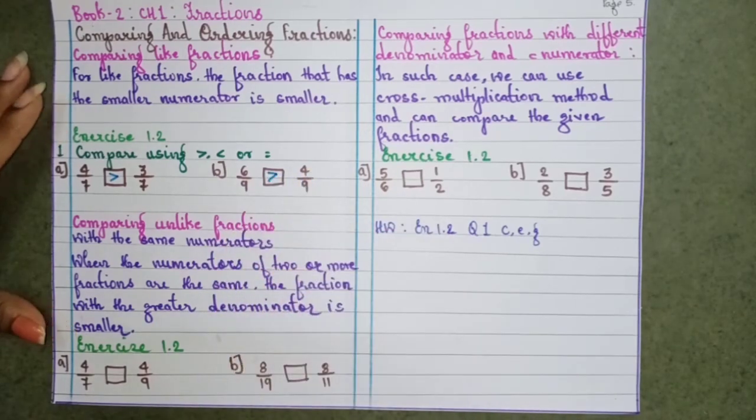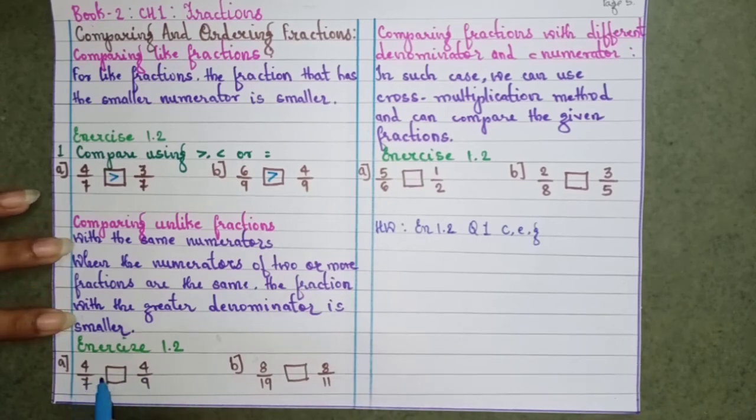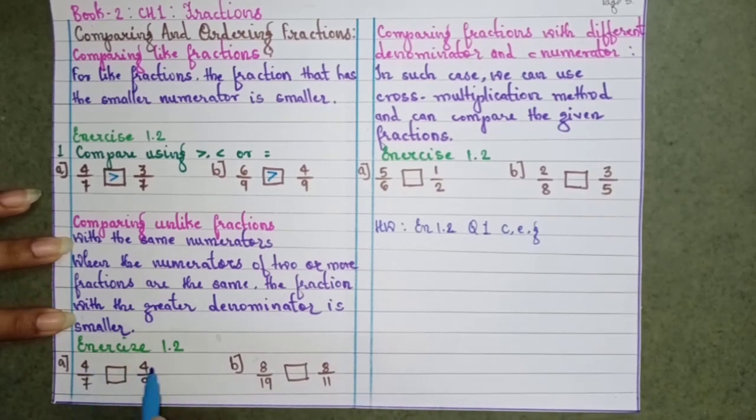Now let's see how to compare unlike fractions with the same numerator. When the numerators of two or more fractions are the same, the fraction with the greater denominator is the smallest one. So here is the reverse case of the previous. So just see, we have here the example 4 upon 7 where the numerators are the same.